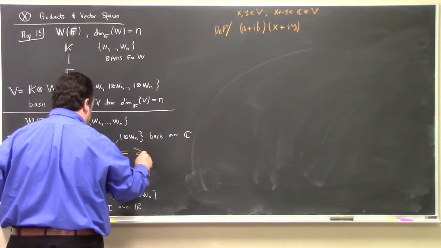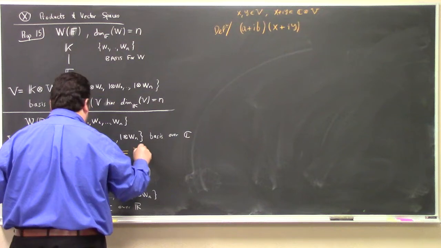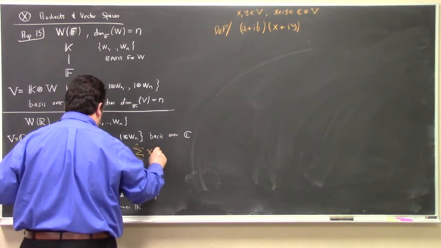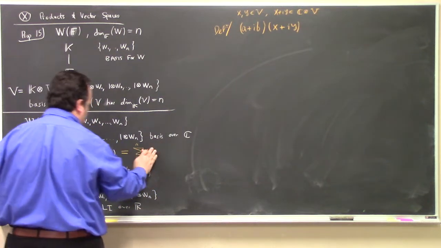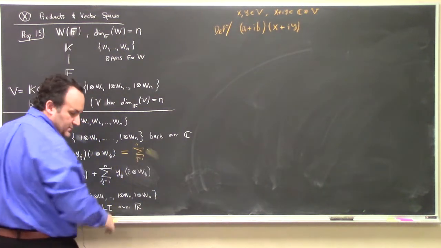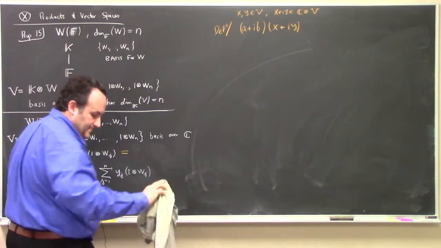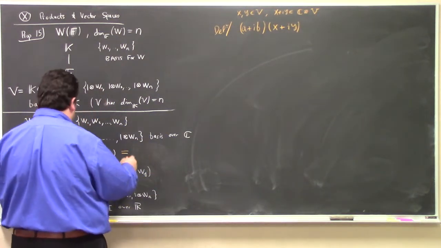the sum, j equals 1 to n, of xj, well, excuse me. So here it is.